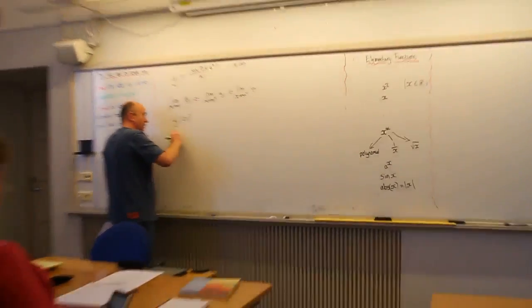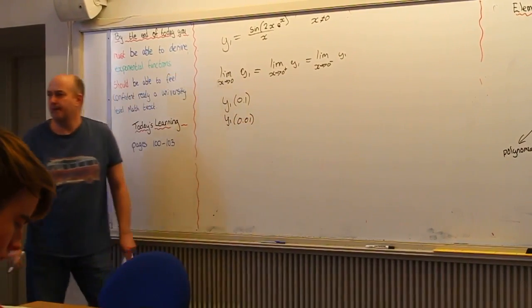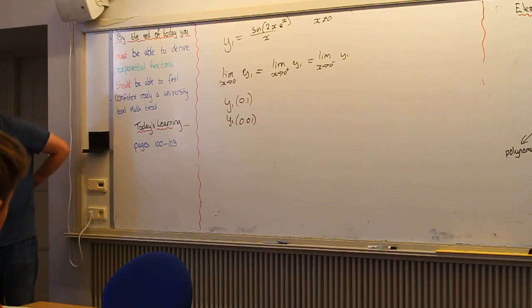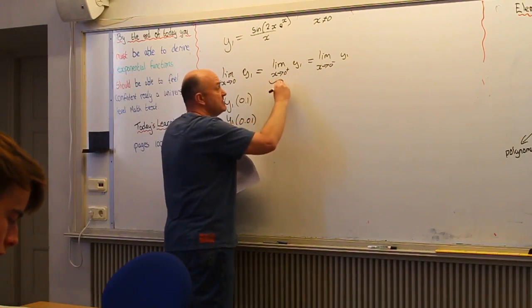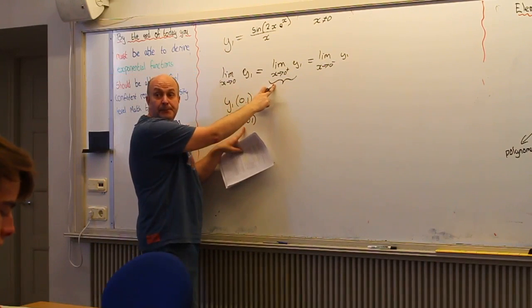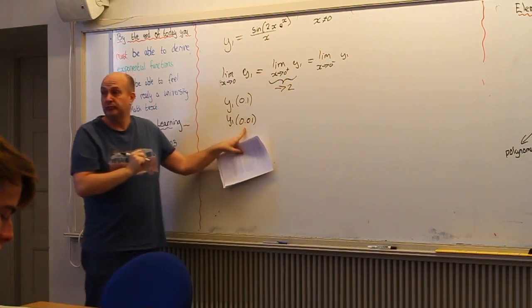Okay. Put in y1 of 0.01. What do we get now? 2 point something or other? What value is it approaching? When we're putting in 0.1 and this, what value are we getting? It goes towards 2.